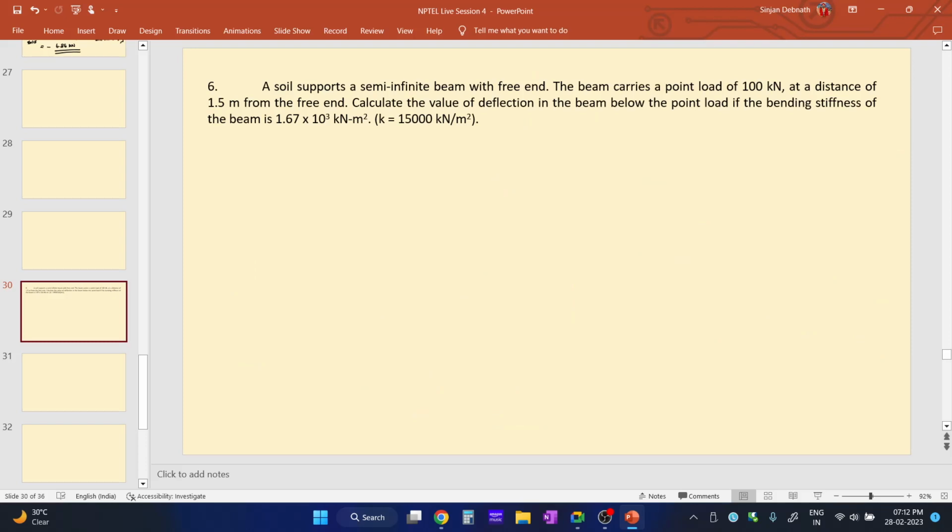Now let us solve the sixth question. Here it is a semi-infinite beam. In the case of a semi-infinite beam, we know the fixity condition.